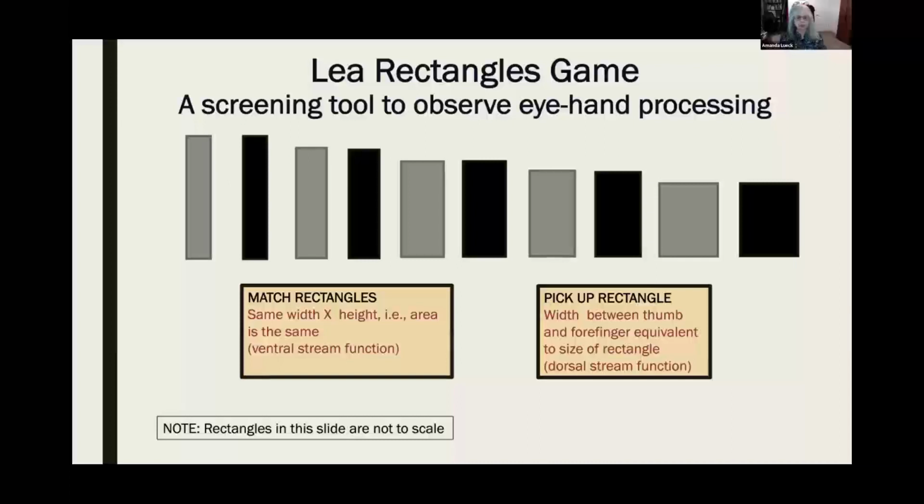So you have kind of a little pyramid, and then ask the child to place the gray rectangles on top. Another way of looking at this test is how they pick up the rectangle.